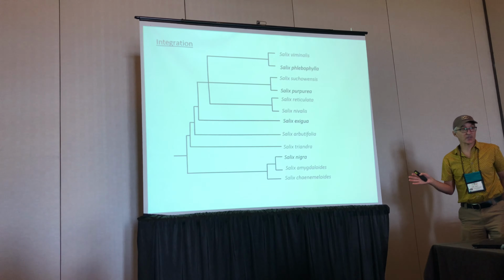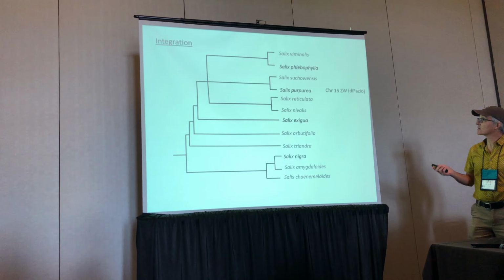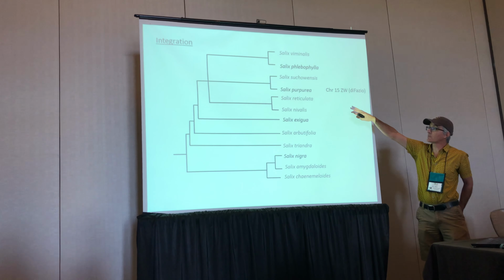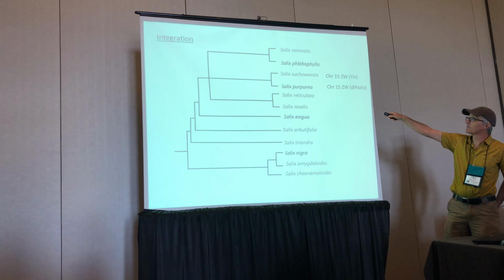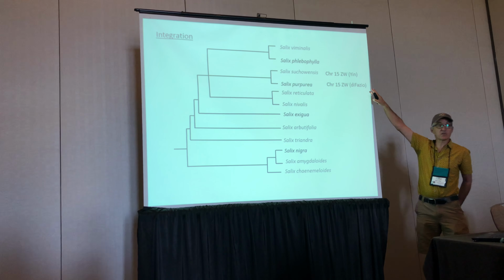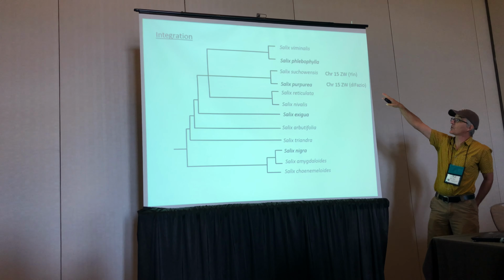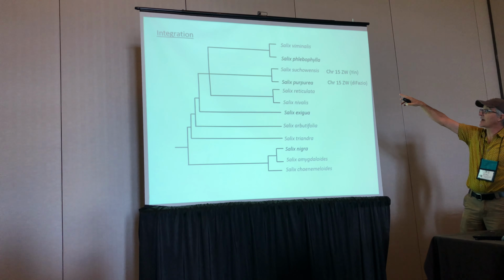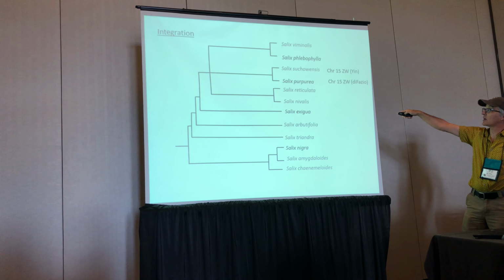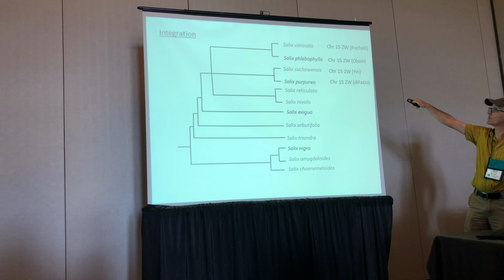So I want to put this all together on the phylogeny. Already I've talked about Salix purpurea, which is chromosome 15 ZW. Salix sichuensis is another species that's been mapped by some collaborators of ours, Tongming Yin at Nanjing Forestry University. That's also chromosome 15 ZW. I told you about Salix phobophila, that's chromosome 15 ZW.